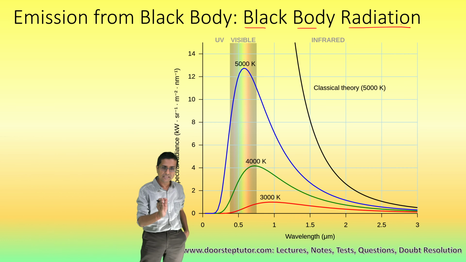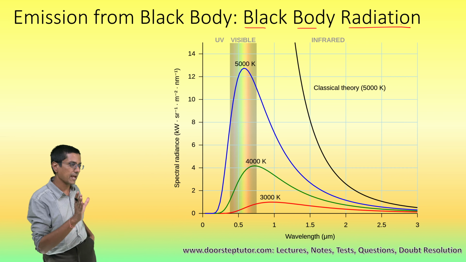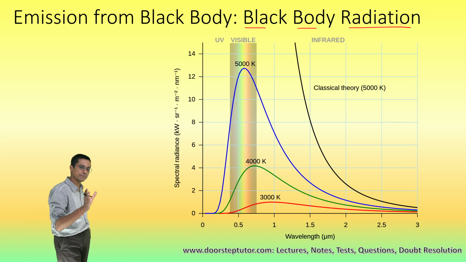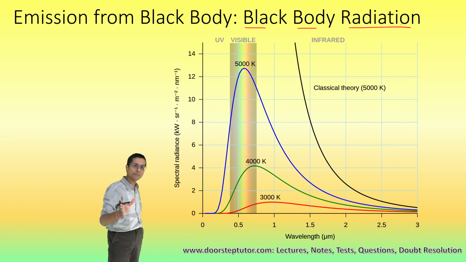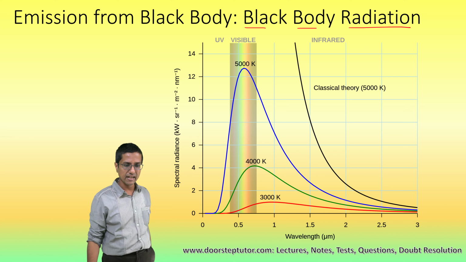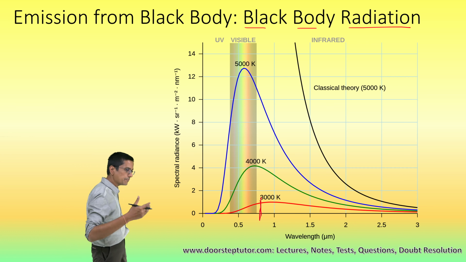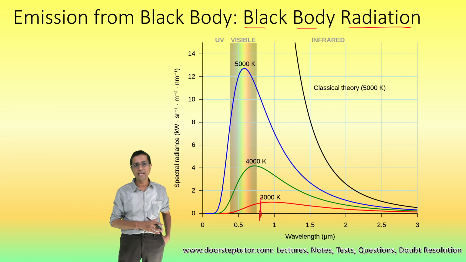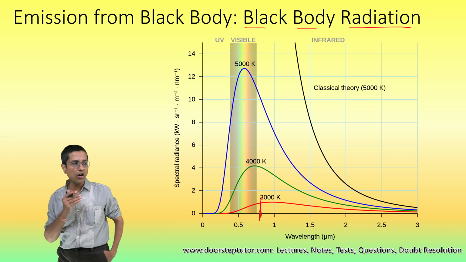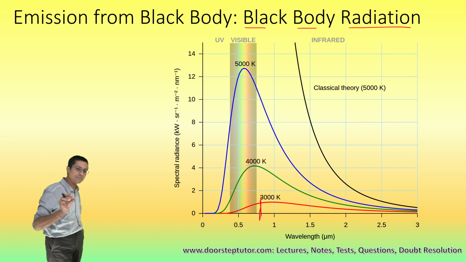In this graph, we have shown the radiation spectrum of the black body, which means how much energy is present, relatively, at a particular wavelength. This radiation profile is characteristic of the black body, and it depends only on its temperature.